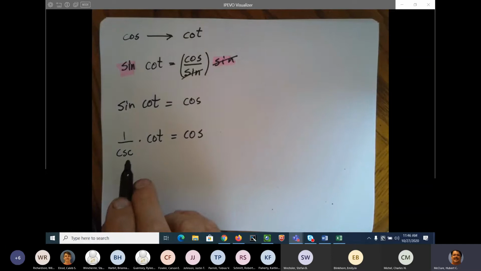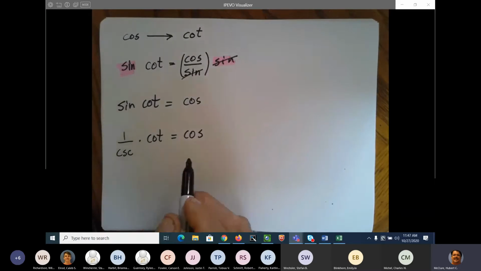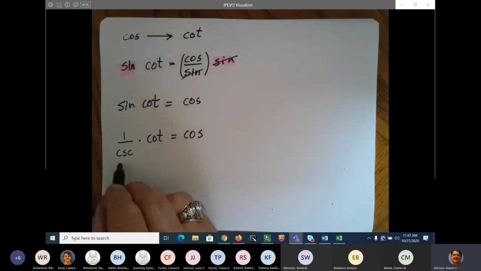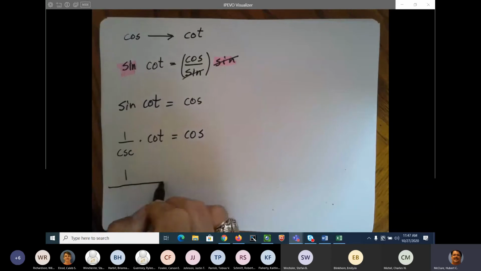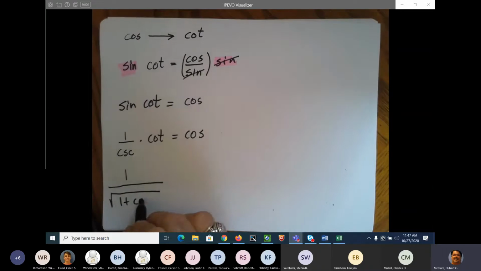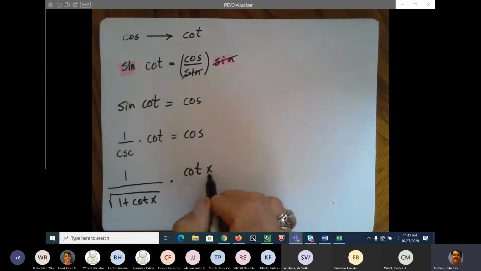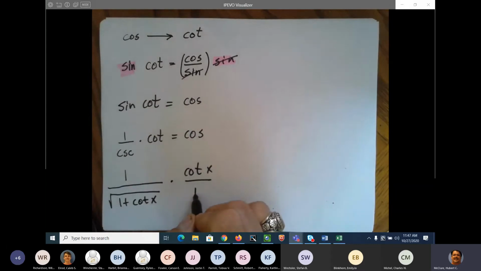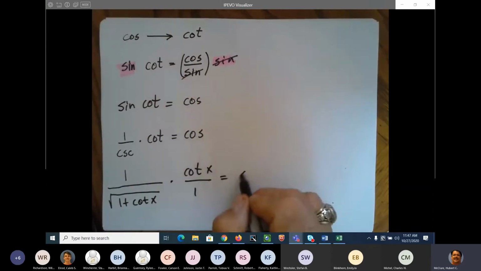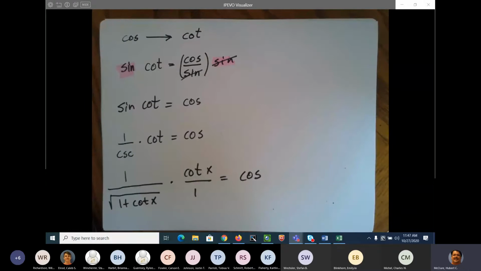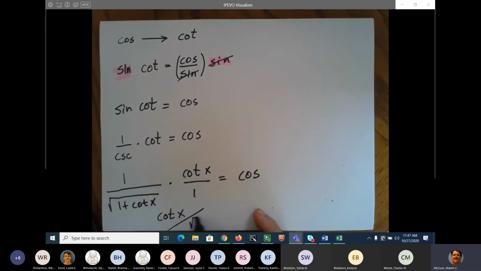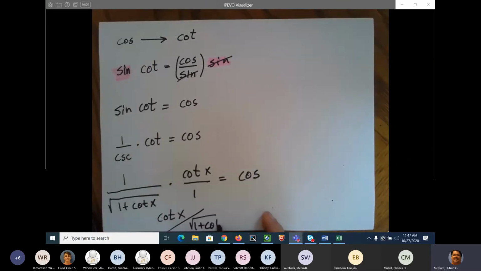Now we know that the cosecant can be written in terms of cotangent. So I'm going to rewrite this as 1 over the square root of 1 plus the cotangent squared, times cotangent over 1 is equal to the cosine. And that's going to give me the cotangent of x over the square root of 1 plus cotangent squared of x.